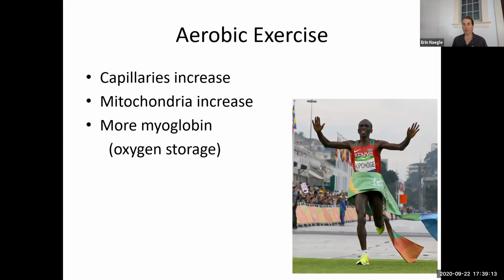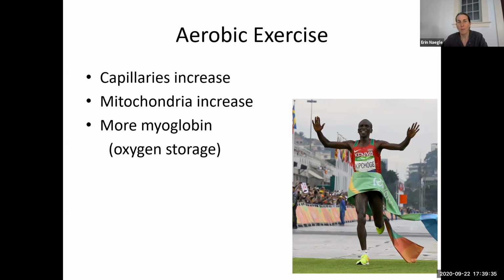With aerobic exercise, where you're walking for long periods of time or you're jogging for long periods of time, you're burning through a lot of energy and you need a lot of oxygen. Aerobic means air, right? Oxygen. So you need to deliver a lot more oxygen and more glucose to those cells.